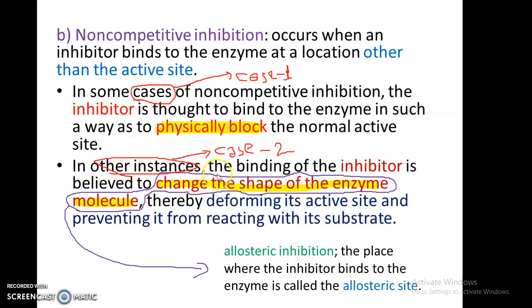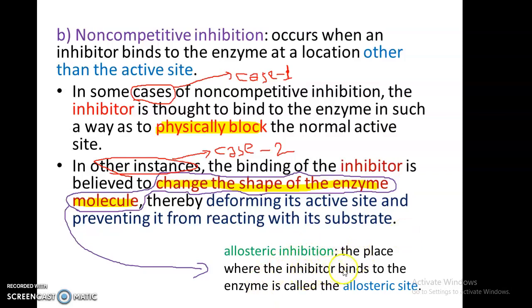In other instances, which we can consider as case 2, the binding of the inhibitor is believed to change the shape of the enzyme molecule, thereby deforming its active site and preventing it from reacting with its substrate. In this case, we can say allosteric inhibition.